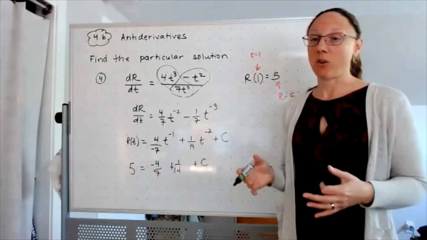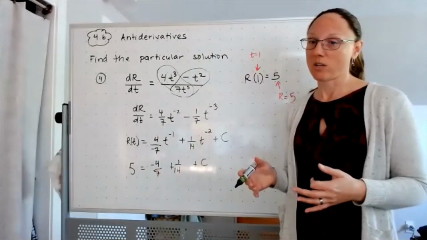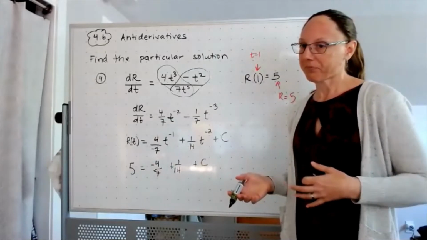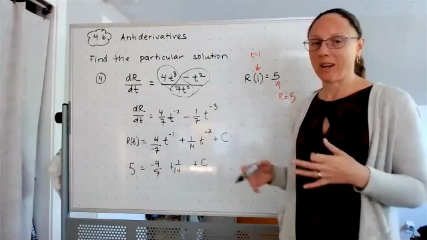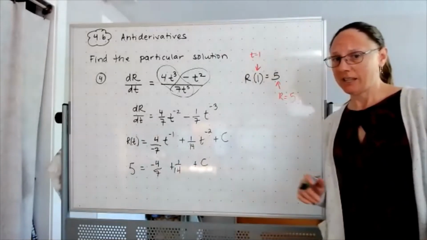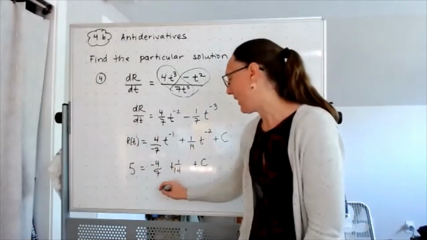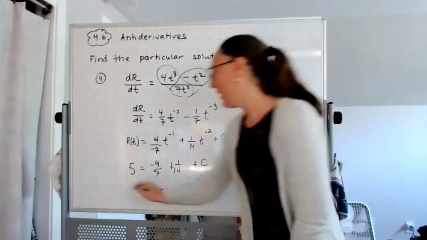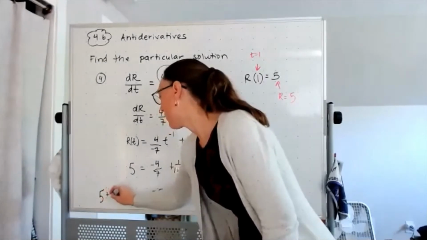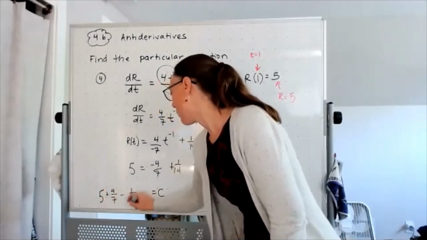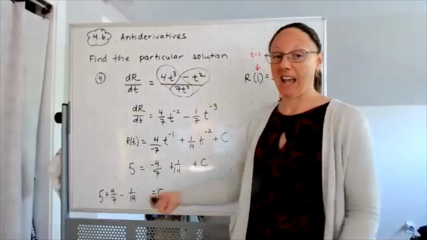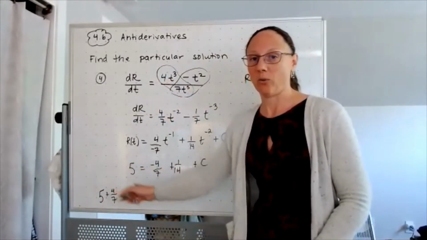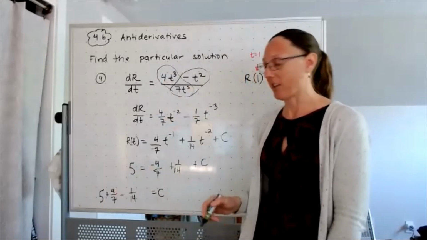And especially if you were running out of time on stuff, then we can definitely just move everything over to the left-hand side and make this 5 plus 4/7 minus 1/14. And that is my advice for a test, is not to mess around with finding a common denominator on fractions.